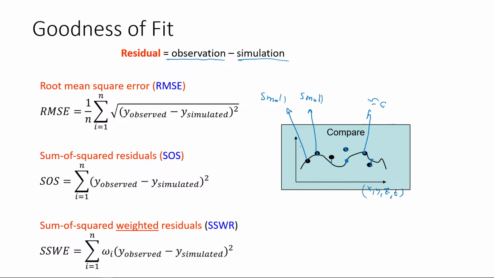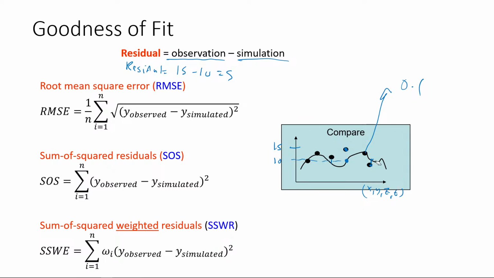So let's say this is 15, and this point here is 10, so the residual at this point would be 15 minus 10, that's 5. That's the residual at this point. What would be the residual at this point here? It would be very small, maybe 0.1. What would be the residual here at this point?